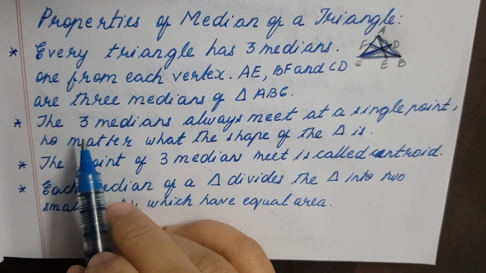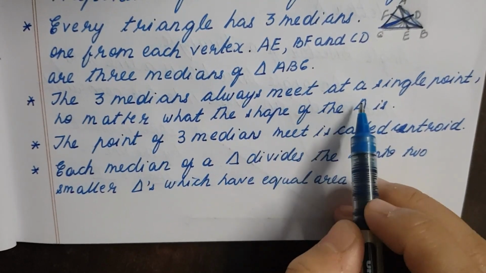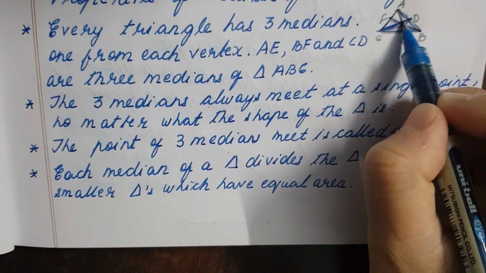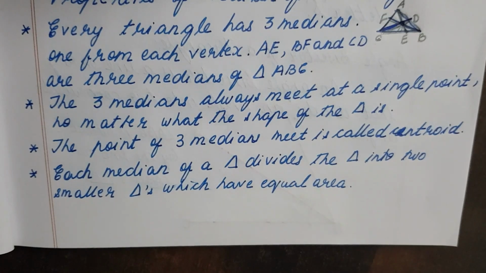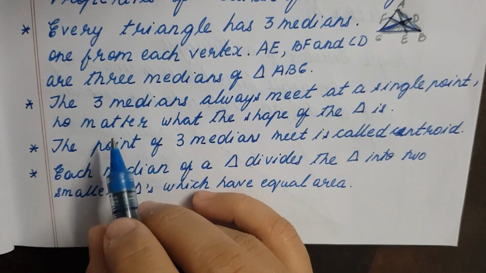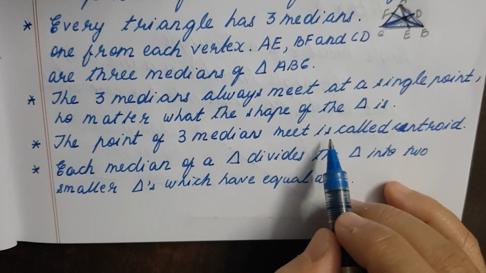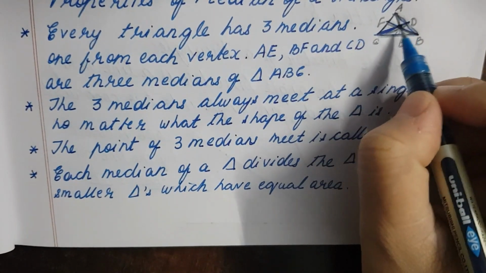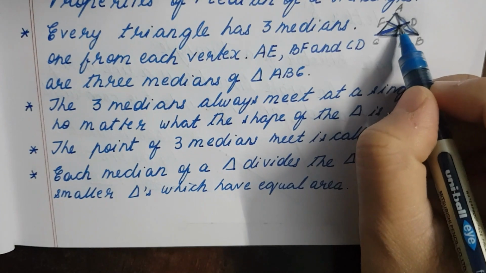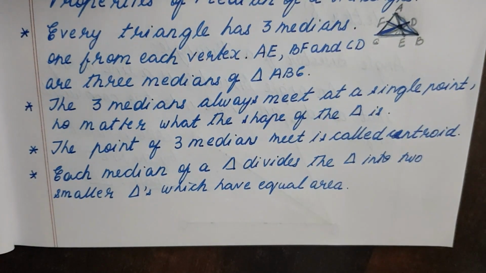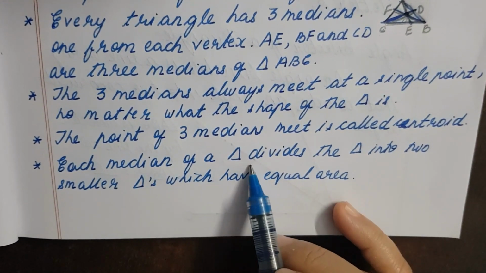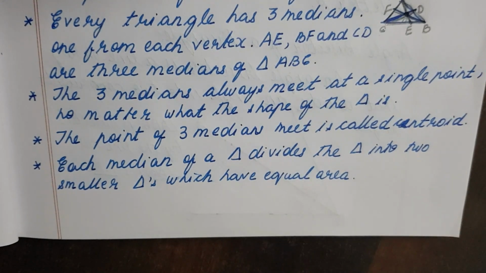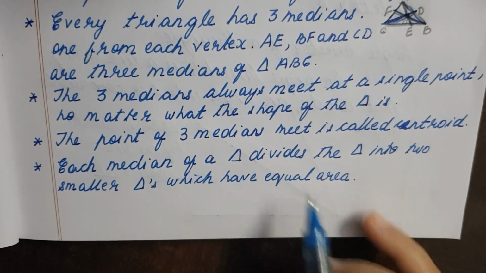Okay, next, the three medians always meet at a single point. So this is the single point, no matter what the shape of the triangle is. The point where the three medians meet is called the centroid. We just saw what the centroid is. So the one common point where all these medians meet is called the centroid. Each median of a triangle divides the triangle into two smaller triangles which have equal area.